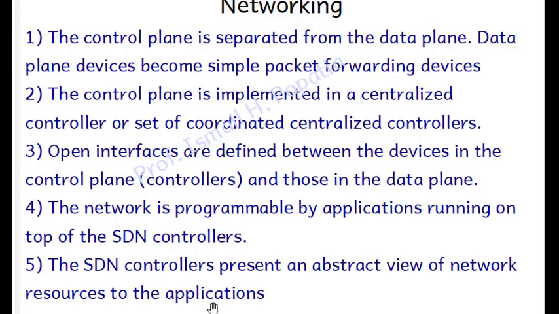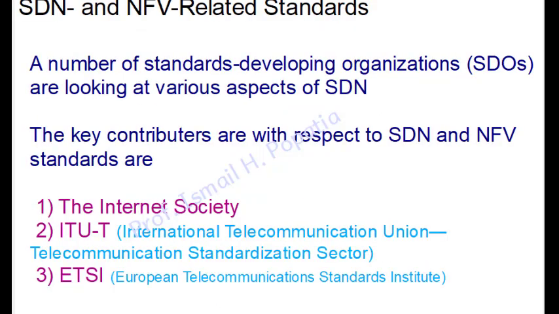Then for SDN and NFV, we have various standards, and there are various bodies who make up the standards. We have various organizations looking into the aspects of SDN and NFV. A number of standards developing organizations are looking at the various aspects of SDN.